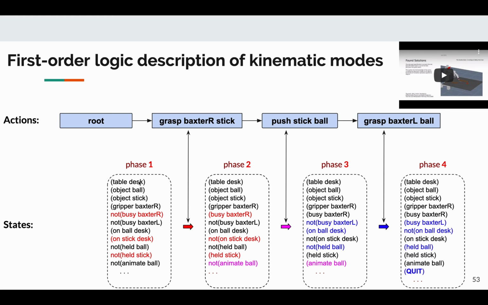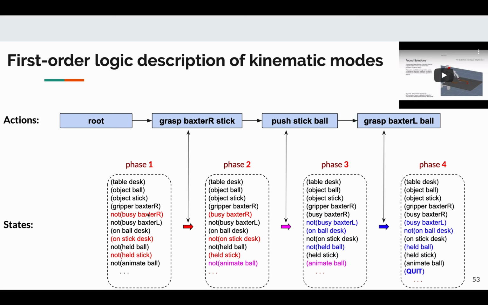So for an instance of table desk, we have an object, and an instance of an object ball, stick. We have a gripper, or an instance of the gripper Baxter R. That means these types of entities have some predefined properties, and instances share these properties.